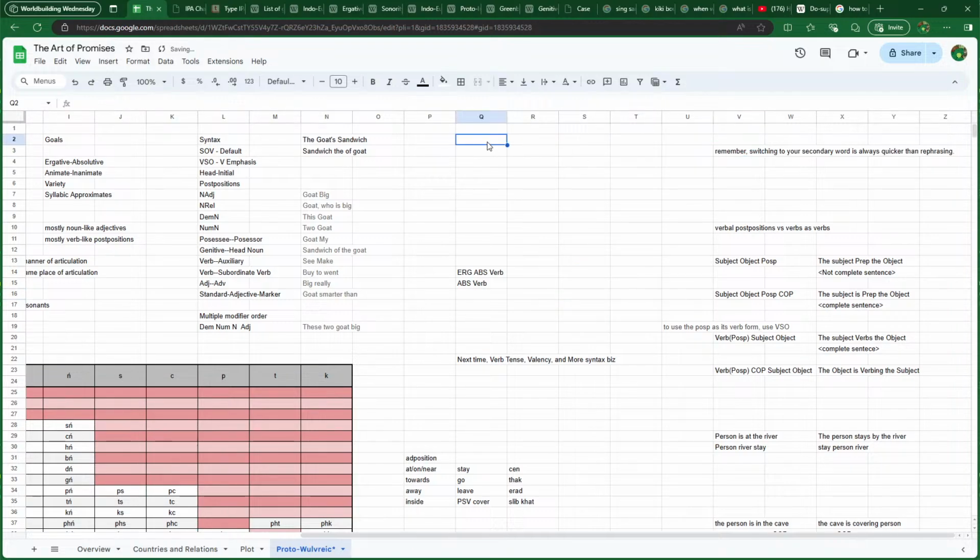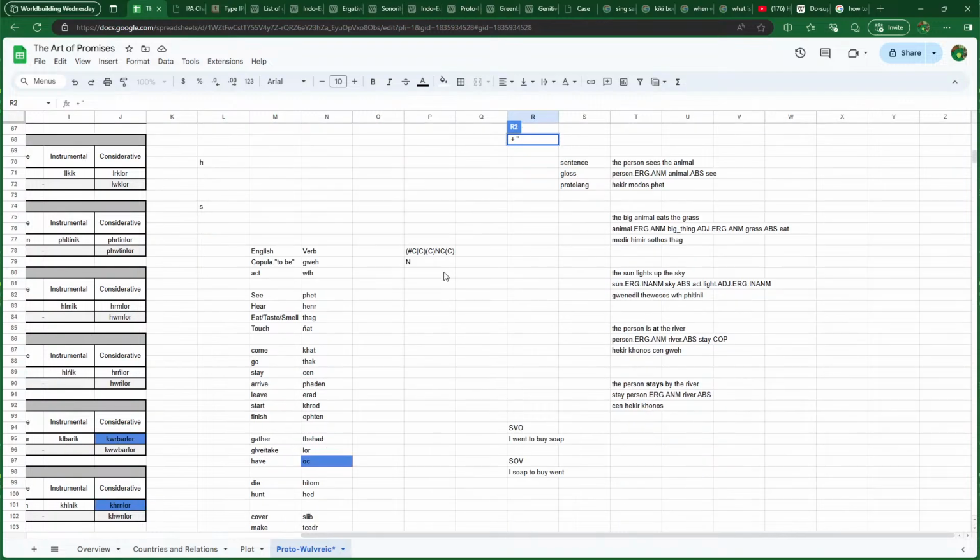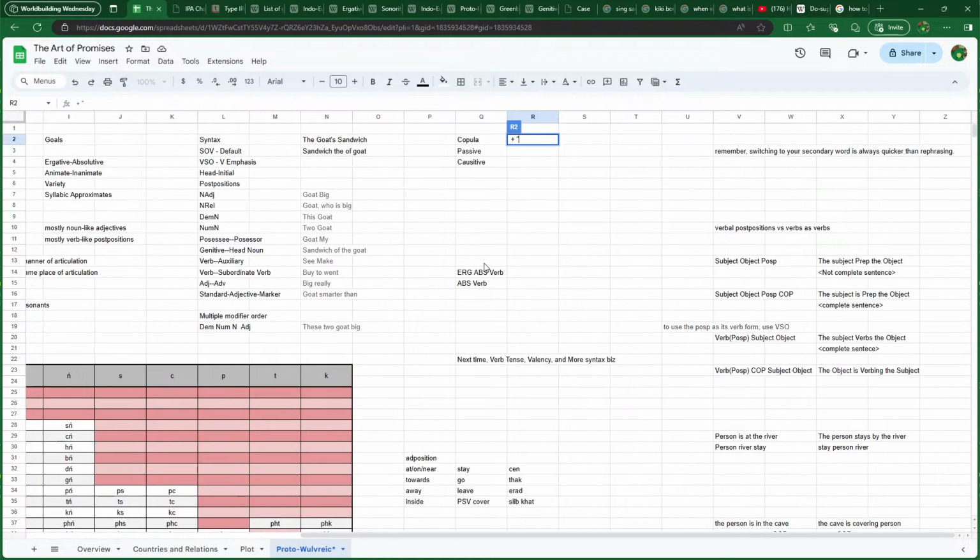Move this over here. So copula. Then we will have passive, causative. So in order to form the copula, we will add, this is gwe.